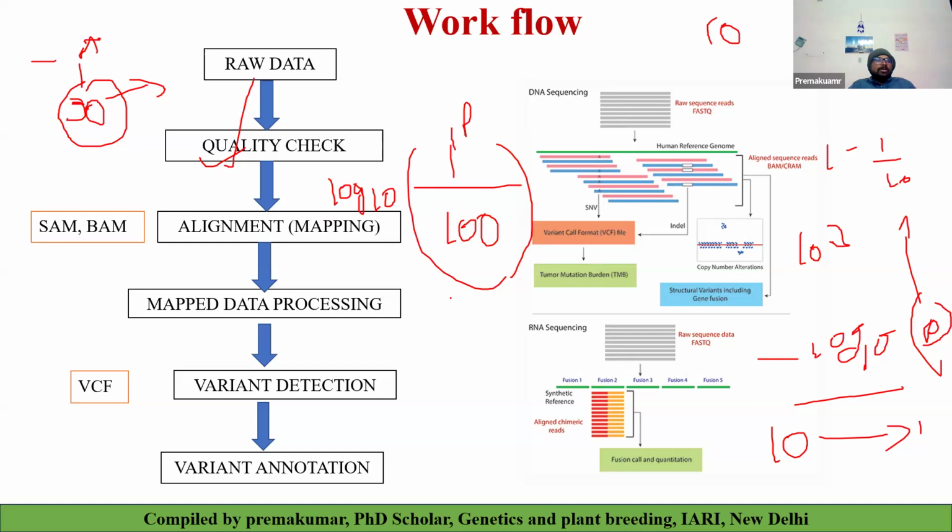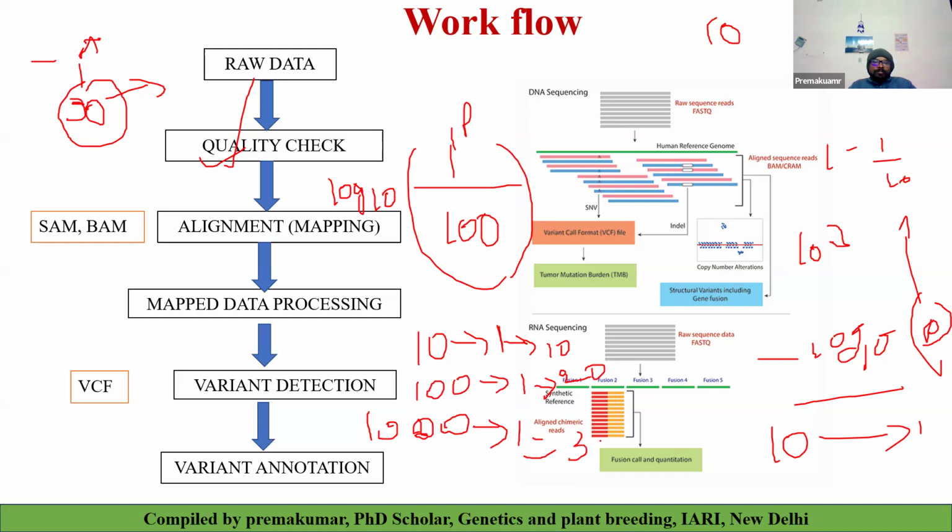It means how many times you are making an error. For example, you are sequencing 10 base pairs and you are making one error, means the quality score is 10. You are sequencing 100 bases and you are having one error, means quality score is 20. You are sequencing 1000 base pairs but getting only one error, means quality score is 30.